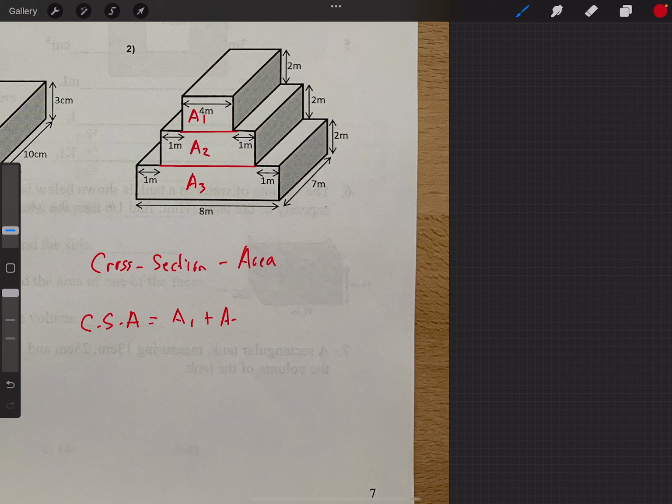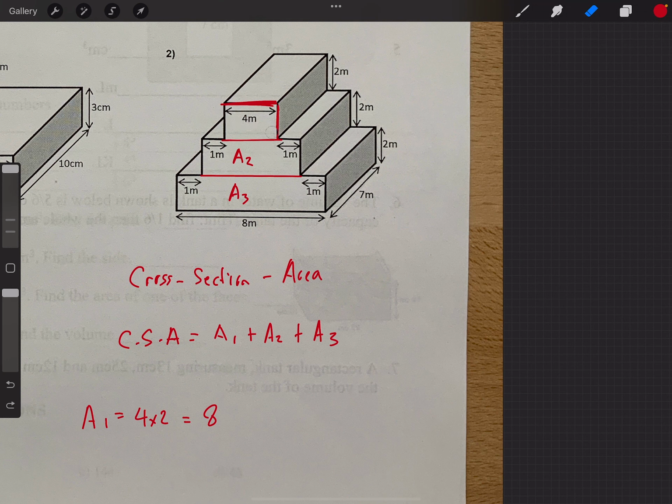So let's find out what A1 is. A1 is equal to 4 times 2, which equals 8.